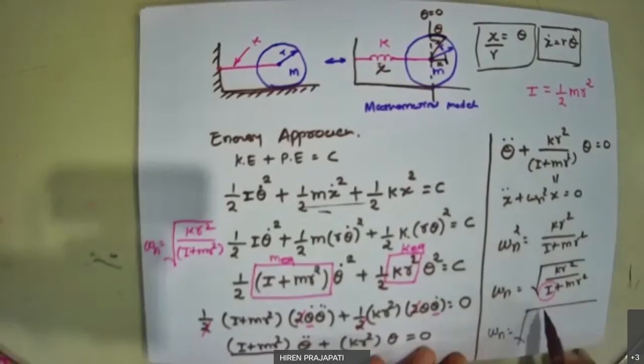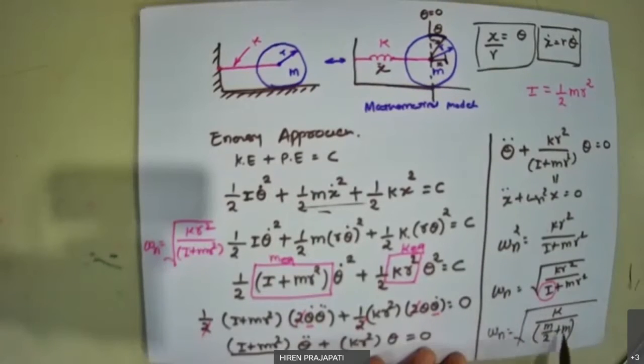If I put 1/2 m r square, r square will be taken common, so r square from the denominator and numerator will be cancelled out. So you will get k by m by 2 plus m.